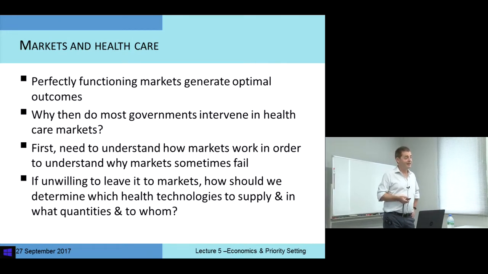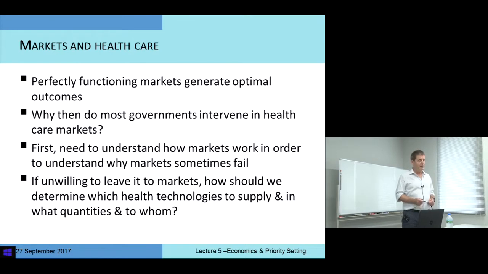People coming together, people selling things, people demanding, purchasing goods, services, the market almost magically produces, if it's functioning well, a set of outcomes which you might describe as optimal or cannot be improved upon.